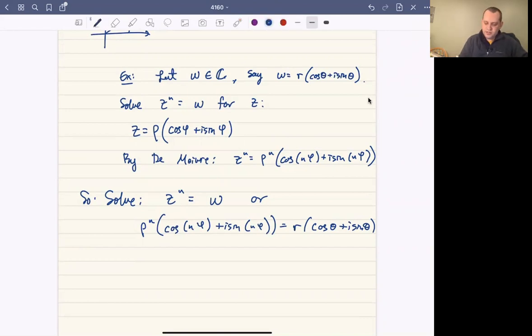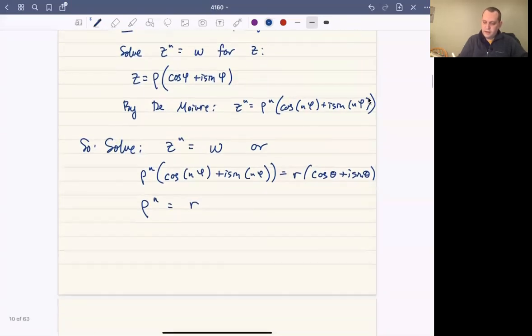So what that means is that rho to the n equals r, and the other parts are going to be equal as well. When you set these two complex numbers equal, the real parts have to be equal and the imaginary parts have to be equal. So cosine of n phi is equal to cosine of theta, and sine of n phi is equal to sine of theta.